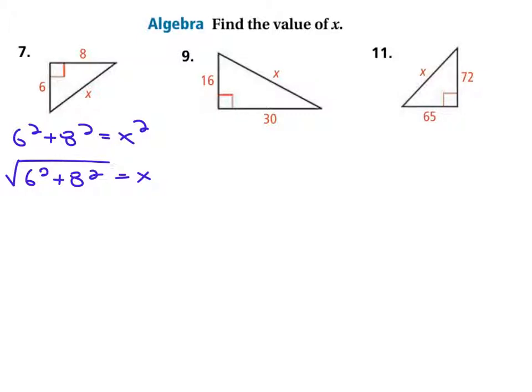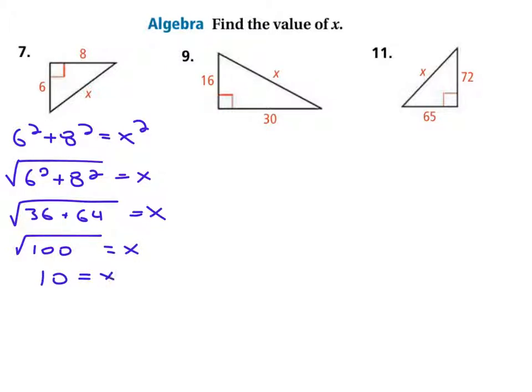Calculate it out. So the square root of 36 plus 64 is equal to x, or the square root of 100, which is 10. X is equal to 10.